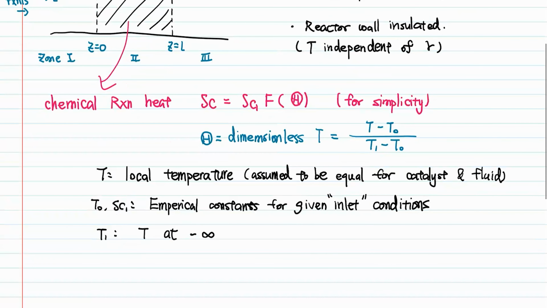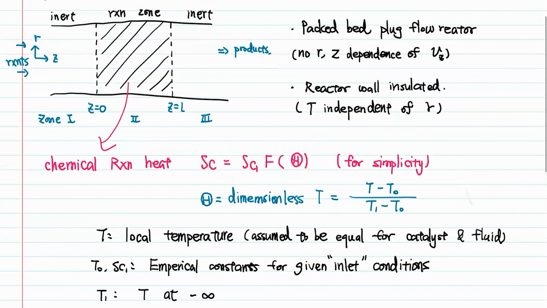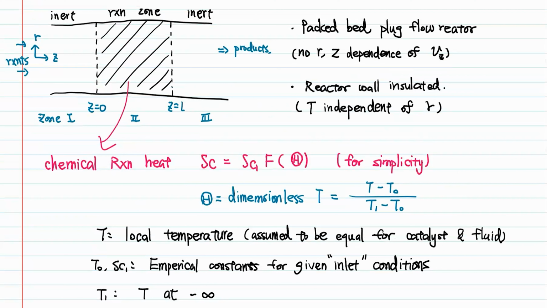With these defined, let's go ahead and do a shell energy balance. But before we do that, we need to determine how we define the shell. From our previous example, you probably have some idea how a shell should be defined.